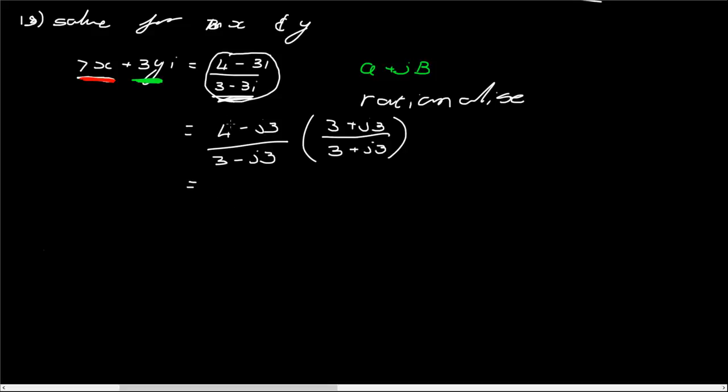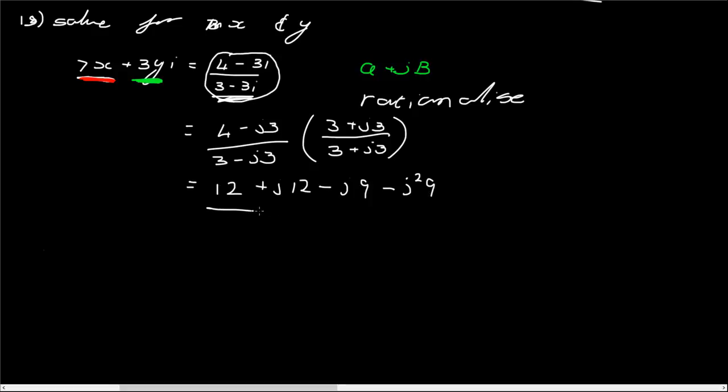We've got firsts, which is 4 times 3, which is 12. Outers is 4 times j3, which is plus j12. Firsts, we've done outers. Let's do the inners. Minus j3 times 3 is minus j9. Then the lasts is minus j3 times minus j3, which is minus j squared 9.